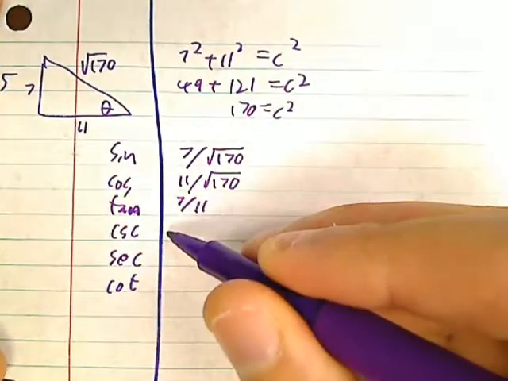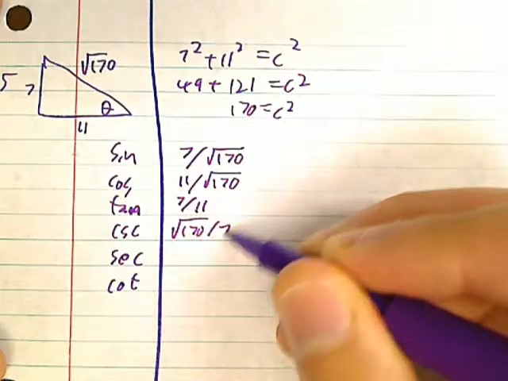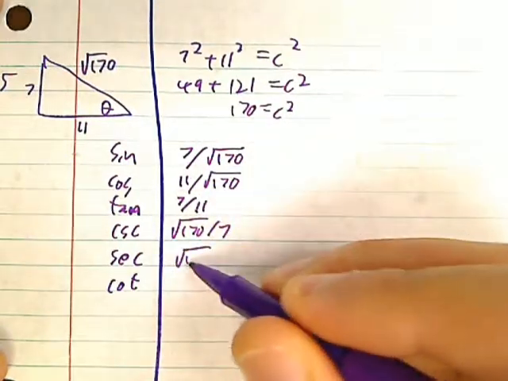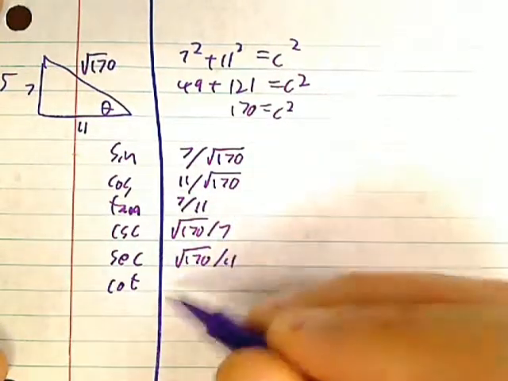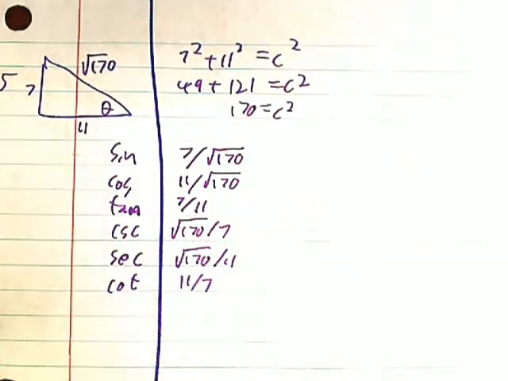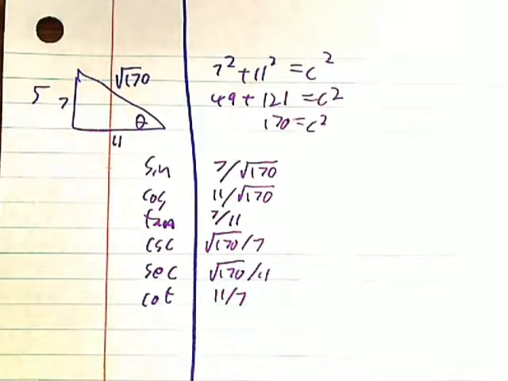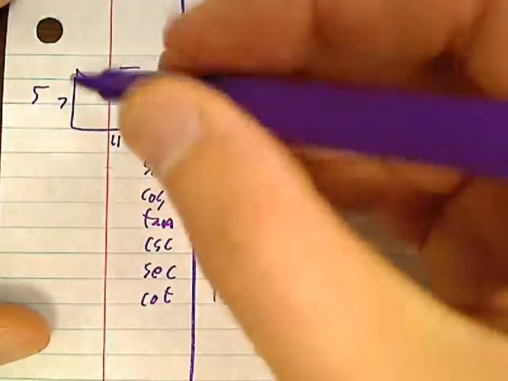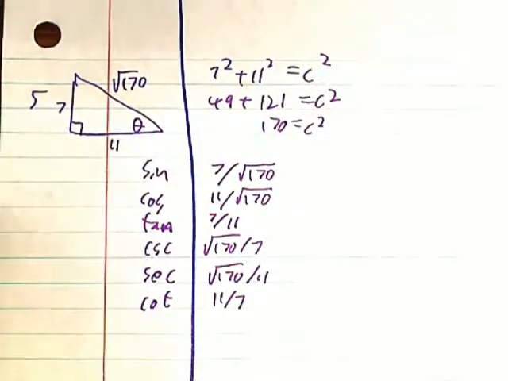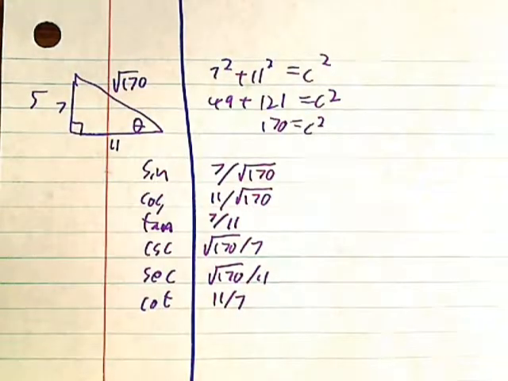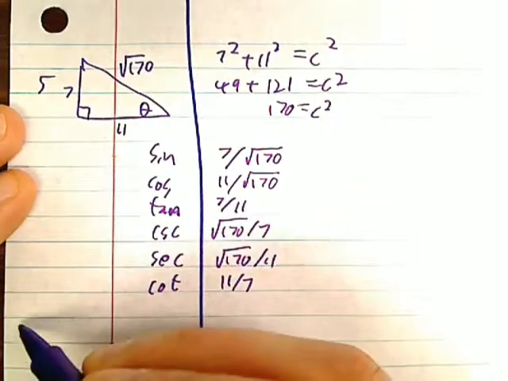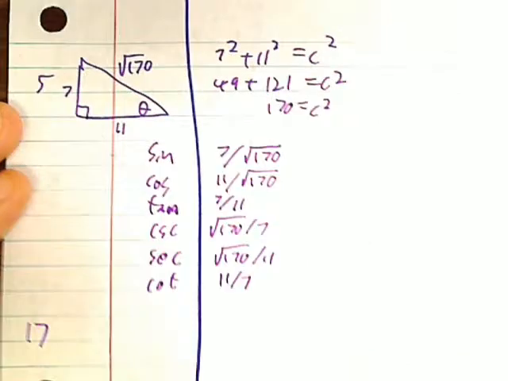So flip that one over. Flip this one over. And flip that one over. And those are the 6 trig functions. And those definitions, those opposites and adjacents and hypotenuses, you will just need to know that. It's just something you will have to have memorized, and I will make you memorize it, and then you will be happy. Let's look at number 17.